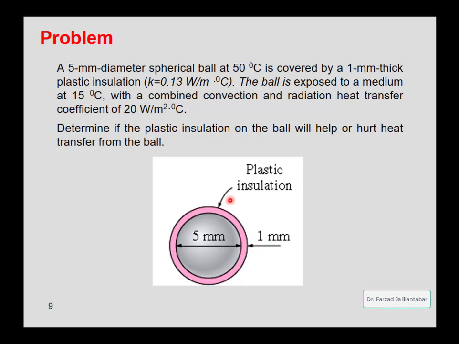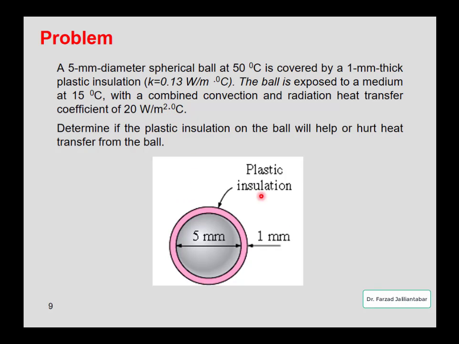It is insulated by a plastic insulation. The thickness of the insulation is 1 millimeter, and the thermal conductivity of the plastic insulation is 0.13 watt per meter degree Celsius. Then the ball is exposed to a medium at 15 degrees Celsius, the infinity around this ball, with a combined convection and radiation heat transfer coefficient of 20 watt per meter square degree Celsius.